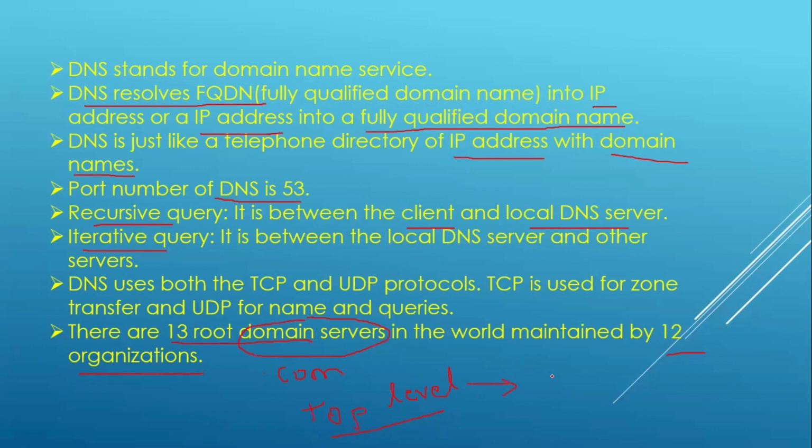From the top level domain, I will be going to the name server that is known as the authoritative name server. From this authoritative name server, I can get the IP address of the particular .com which I am searching.